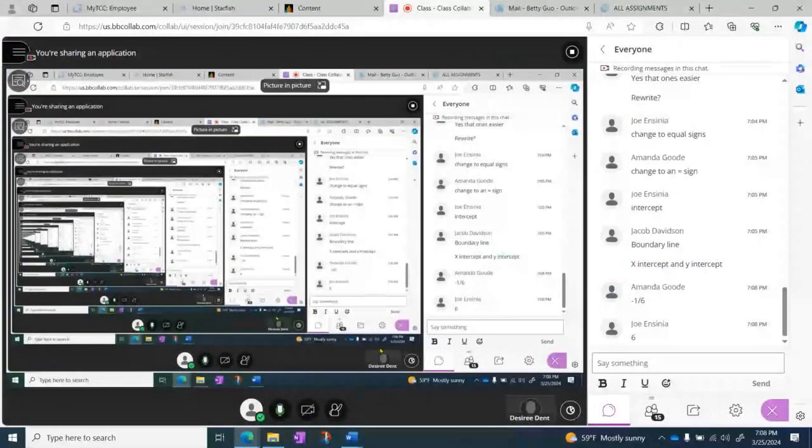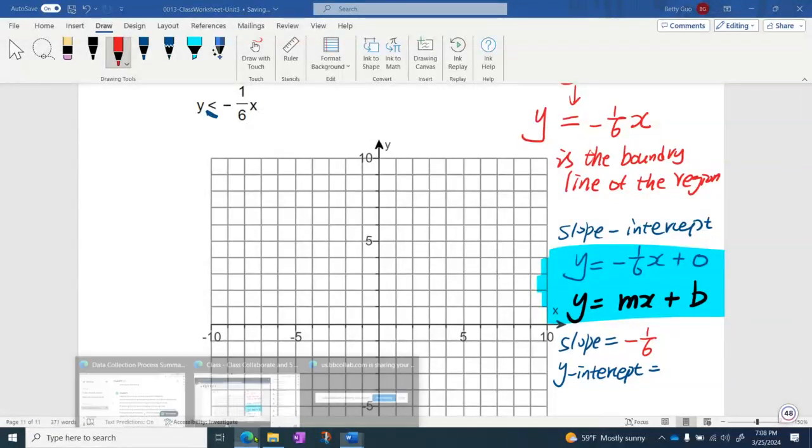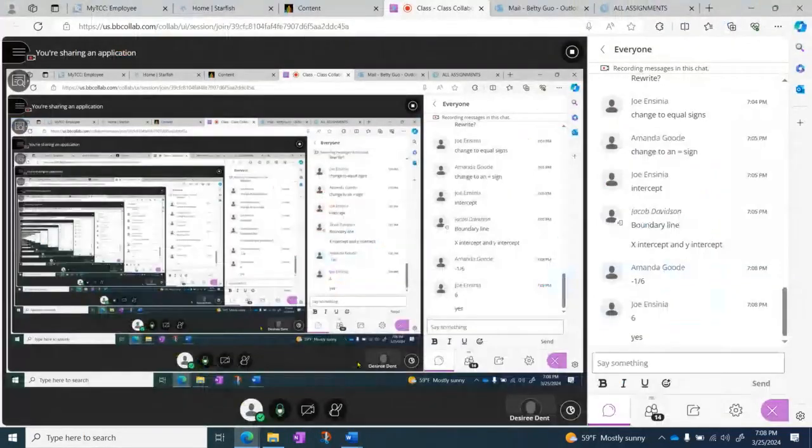Slope is -1/6. Very good. Thank you, Amanda. And the y-intercept is (0, what)? (0, 0), right? Do you agree, Jill? Is the slope equal to -1/6? Slope is the coefficient of x, right? Very good.